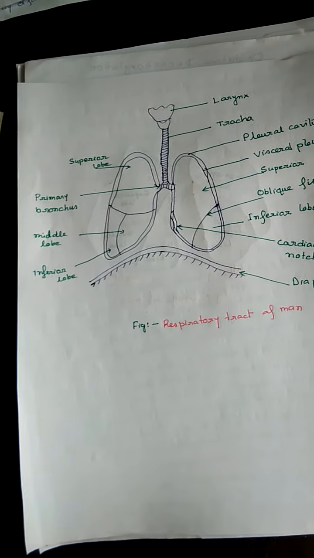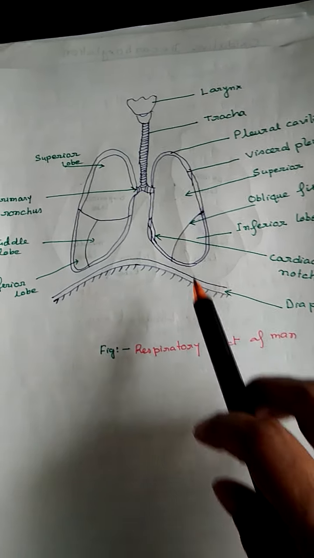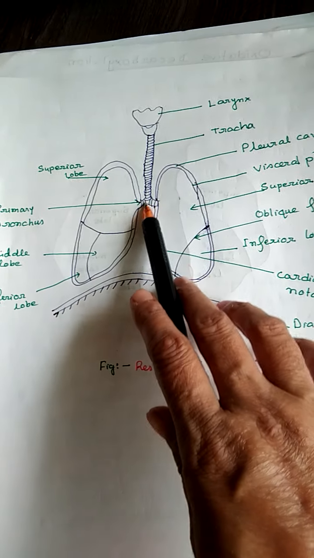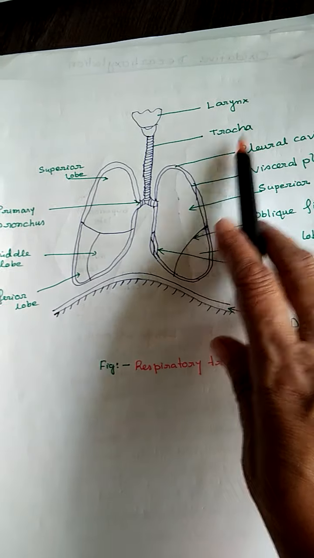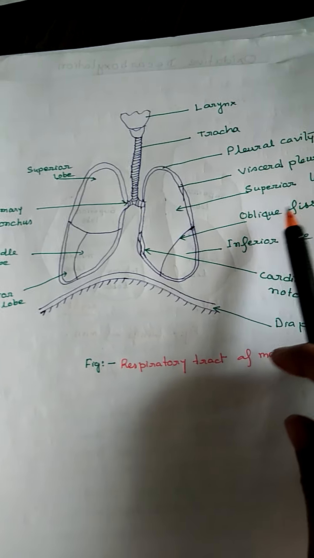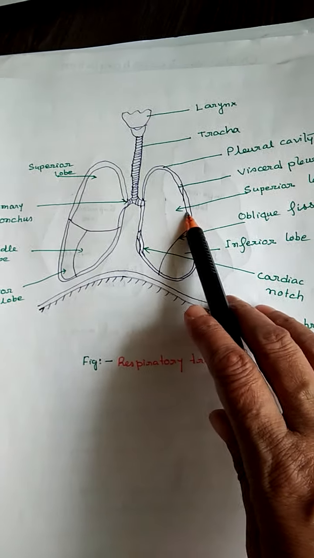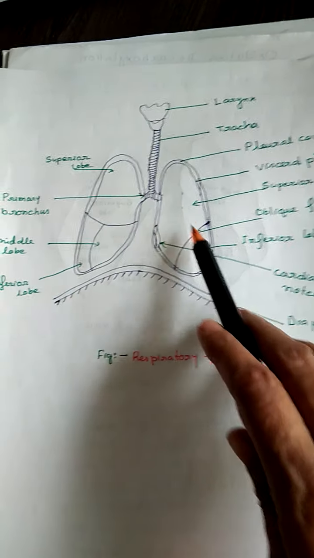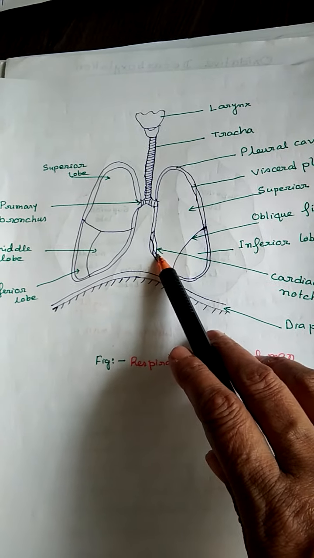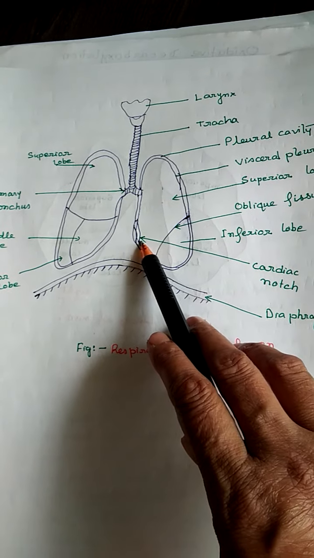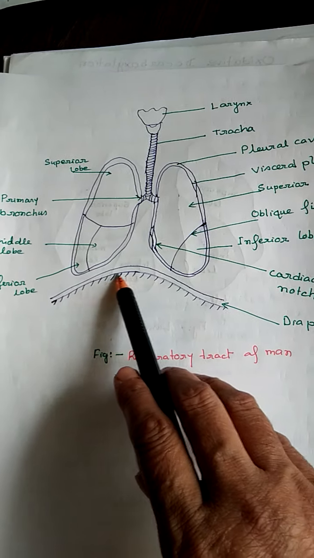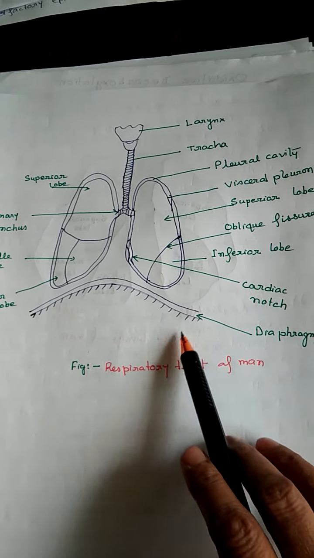The total respiratory tract of man: this part is known as the larynx, then the cartilaginous part known as the trachea, and these are the two lungs, with 3 lobes and 2 lobes. One notch is present which is known as the cardiac notch, and a membrane known as the diaphragm.